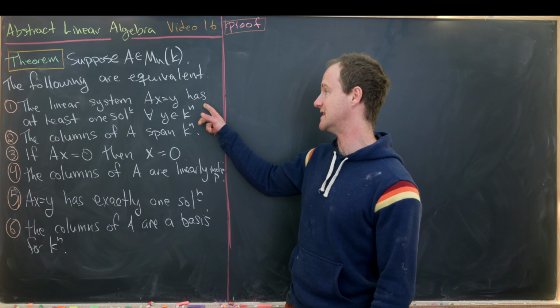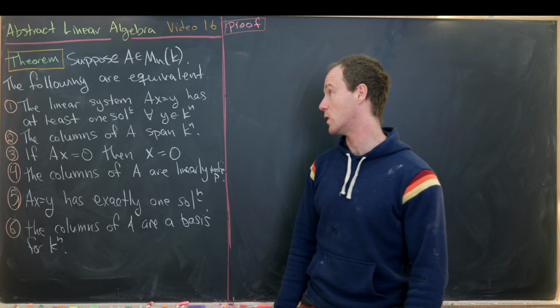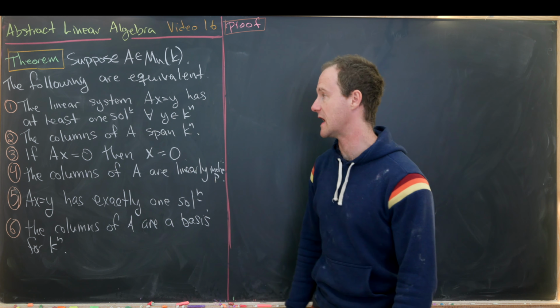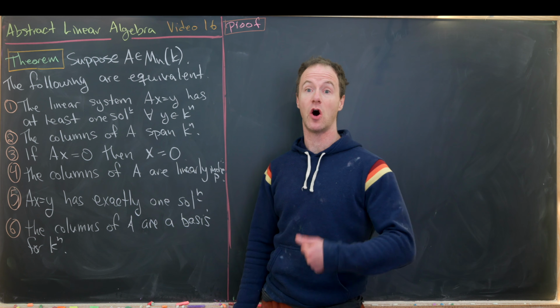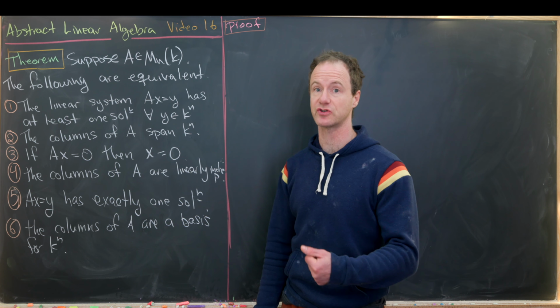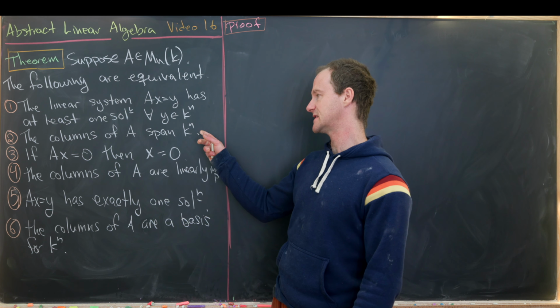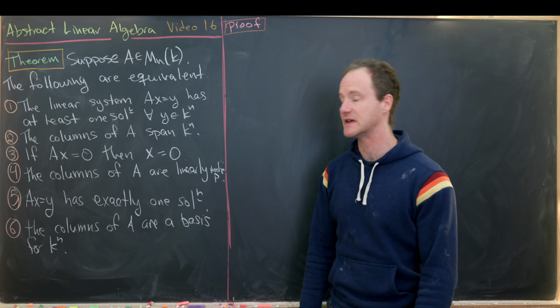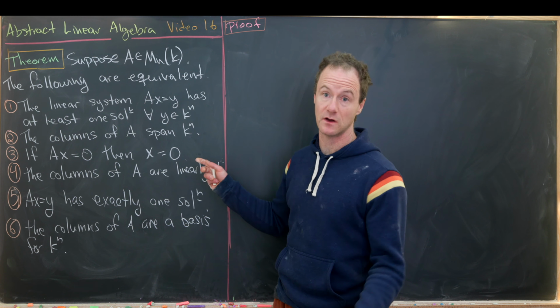So first is the linear system Ax equals y has at least one solution for all y in K^n. Notice that essentially just says that it is an onto function, or a surjective function, as a linear transformation. The second statement is that the columns of A span K^n. The third is that the null space is trivial.